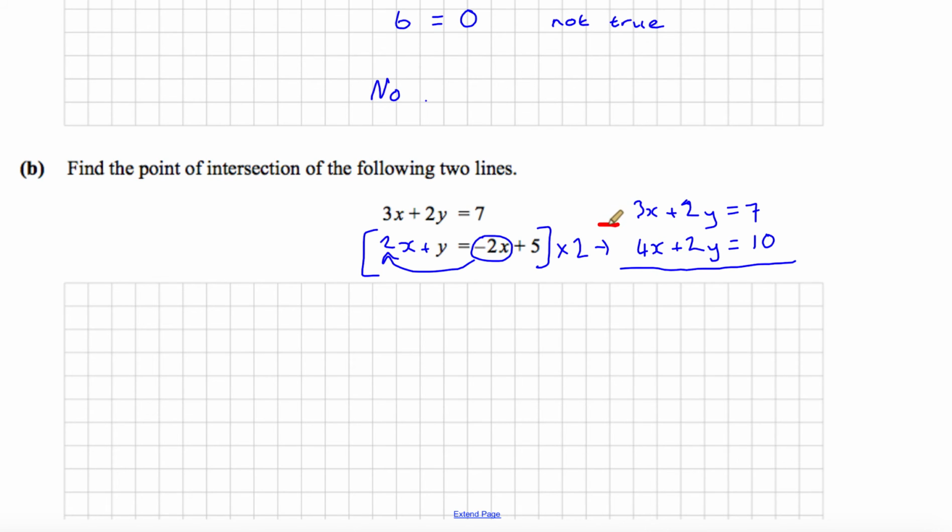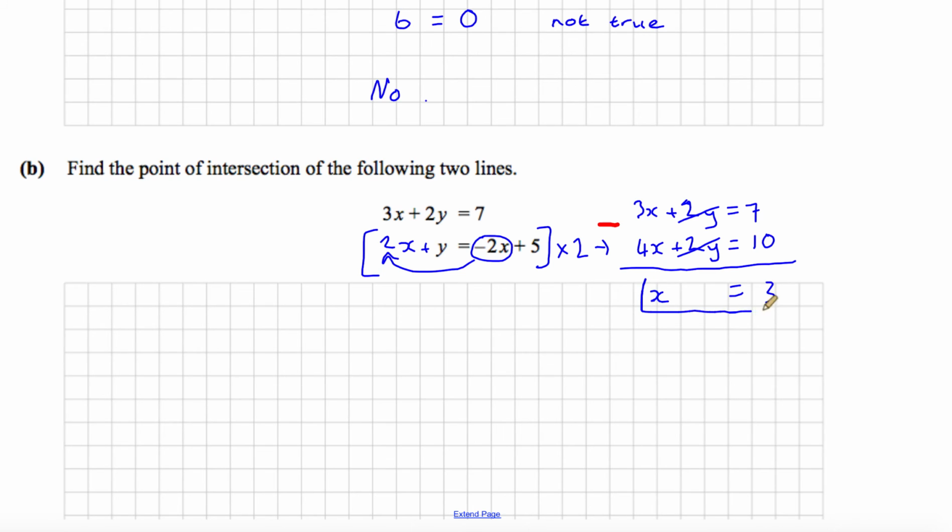So 4x minus 3x, that just gives me x. 2y minus 2y, well, they eliminate each other to give 0. And then over here, I line up my equal signs, and 10, subtracting up again, minus 7 is 3. So there I have my x value already. So x is 3.